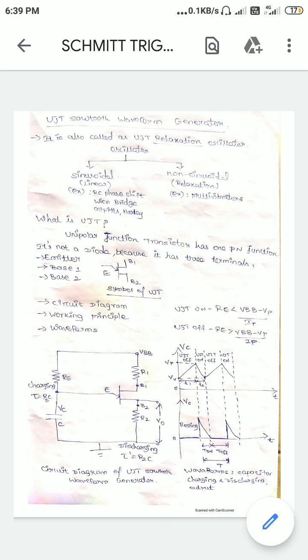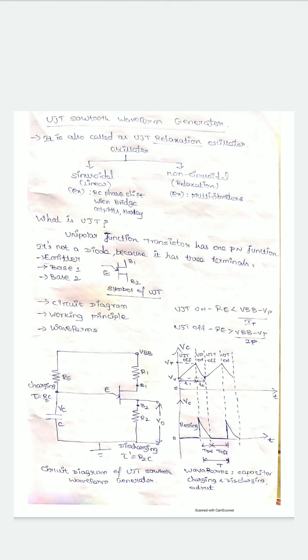Now comes the output voltage V0 waveform with respect to time. When the capacitor is charging, the UJT will be in the off state, so it will not produce any output. See, from 0 to T1 there is no output, it is a straight line. In that time period the transistor is in the resting condition, the transistor is relaxing.